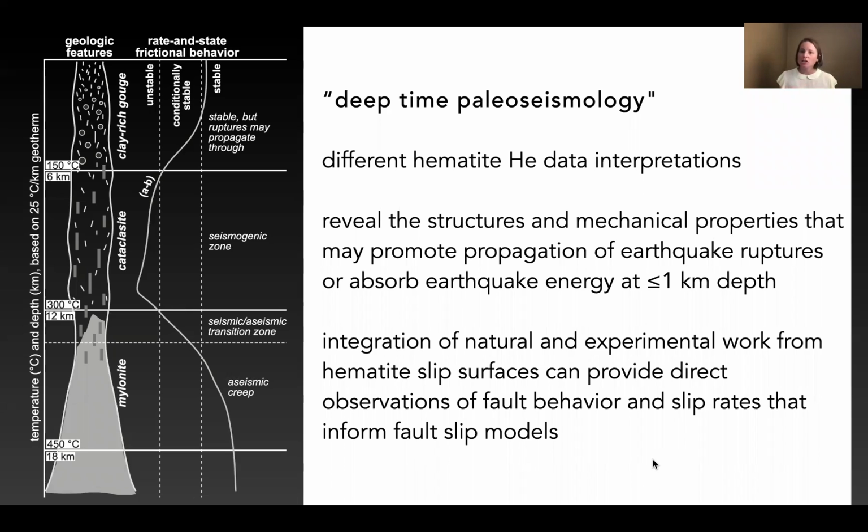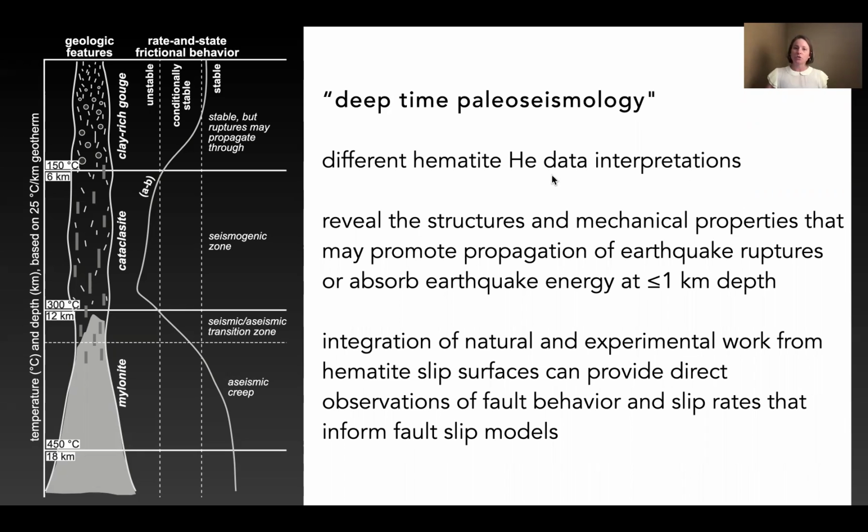But I want to urge caution that hematite helium dates can have different interpretations depending on the conditions at which the hematite mineralized and its post-formation thermal and deformation history. We can interpret these data if we know something about the grain size distribution and the ambient thermal field.